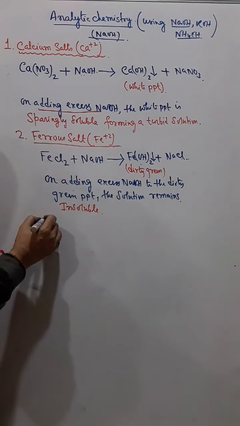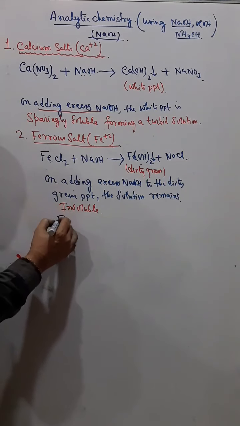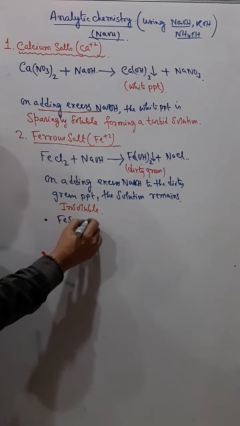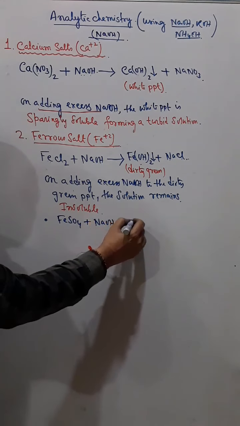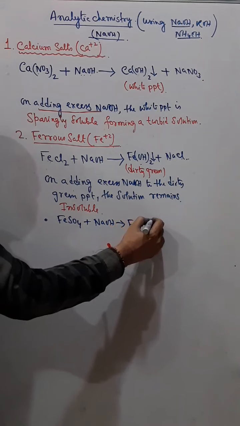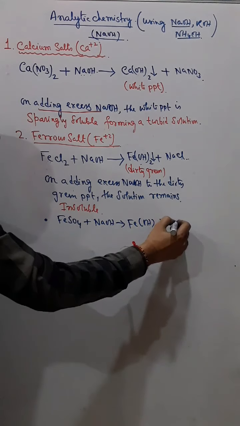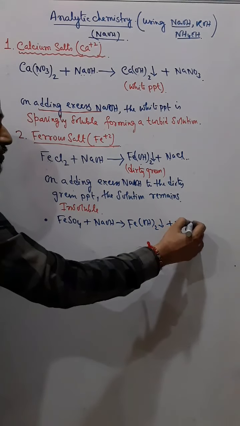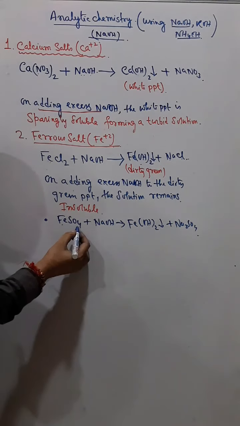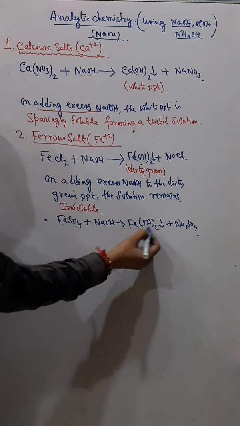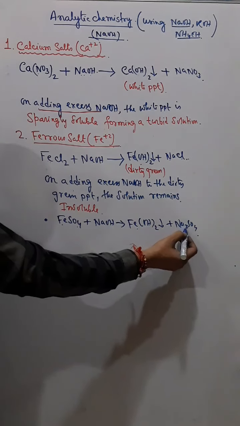Now again we can take ferrous sulfate also. So now if I add ferrous sulfate and NaOH, then also you get Fe(OH) whole twice, and here you will get Na2SO4. Understand? If you use ferrous nitrate, there also you will get Fe(OH) whole twice, and you will get NaNO3.